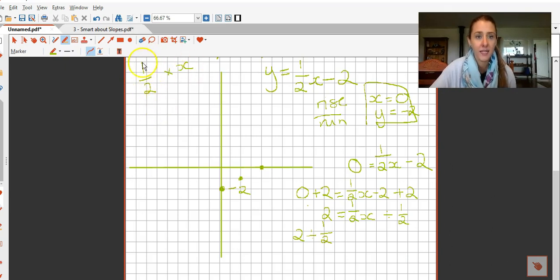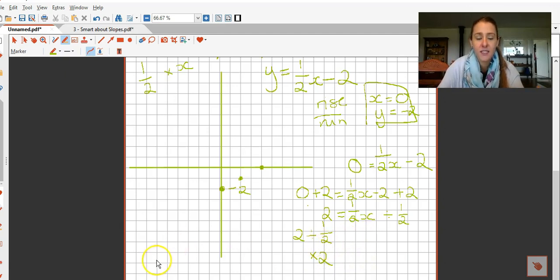Now with BODMAS, these all happen from left to right. So now the inverse of, so I'm multiplying by 1/2. What I could actually do as an inverse operation, and this is going to blow your mind, the same thing as dividing by 1/2 is actually the same thing as multiplying by 2.